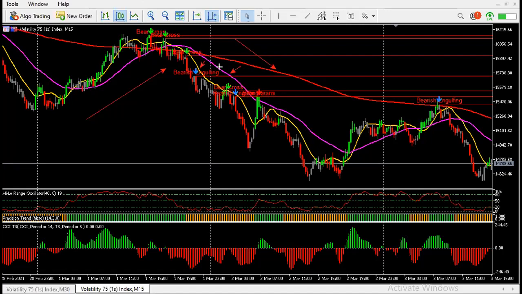Then it also stays below the purple, and once it's below the red, it means that we are in for a downtrend. Whenever the price is below these moving averages, it turns red. So it's not rocket science, guys. You just need to see the candlesticks.